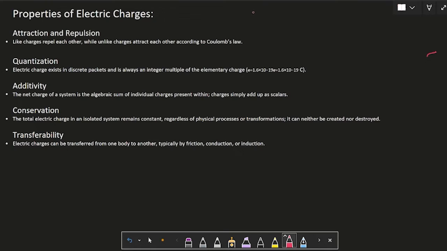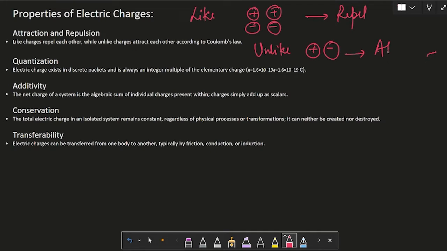If you have a positive and a positive charge, or a negative and a negative charge, which are like charges, these are going to repel, going away from each other. On the other hand, if you have a positive and a negative charge, or a negative and a positive charge, these are called unlike charges, and they have an attractive nature.